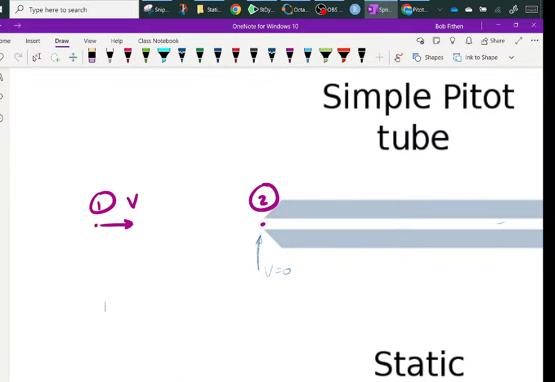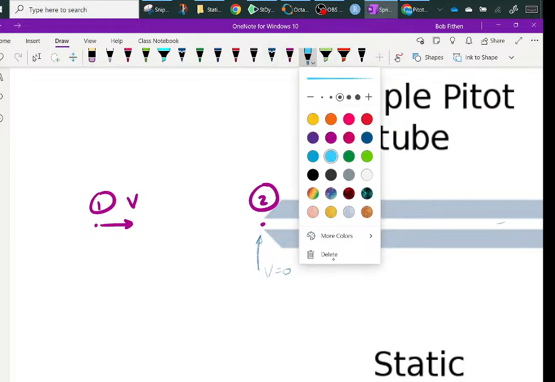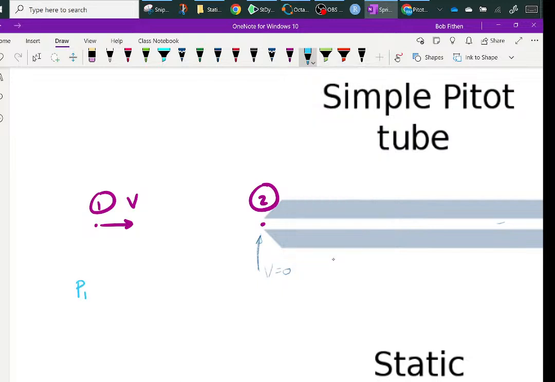So if you write Bernoulli's equation between those, you get P1 plus rho V1 squared over 2. And assuming that these are at the same datum, you don't even have to write the other one.